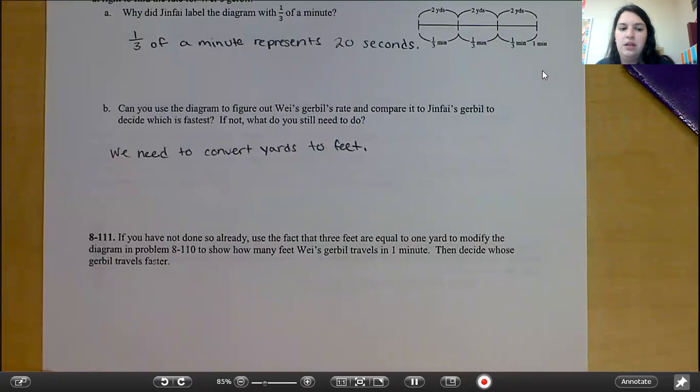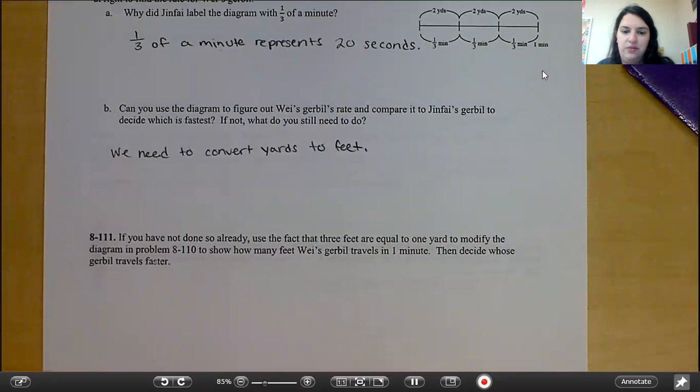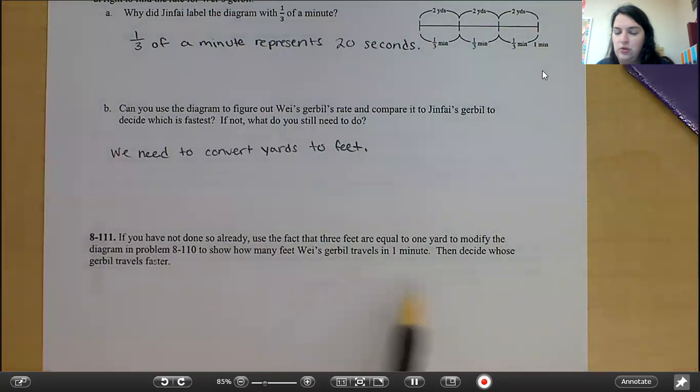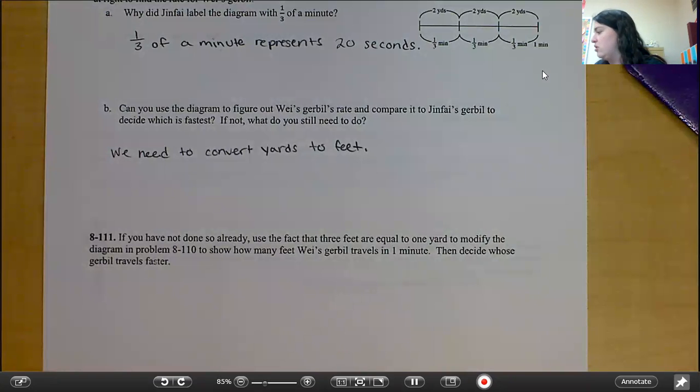So 8.1.11, if you have not done so already, use the fact that 3 feet are equal to 1 yard to modify the diagram in problem 8.1.10 to show how many feet Wei's gerbil travels in 1 minute, then decide whose gerbil goes faster.